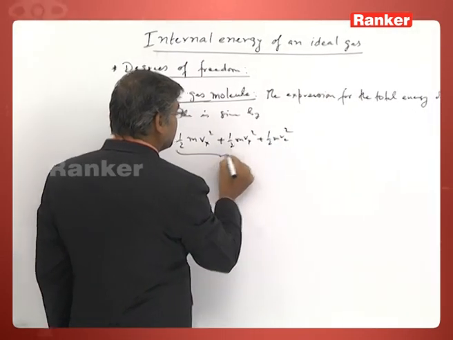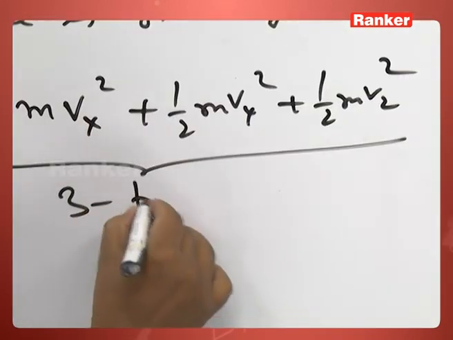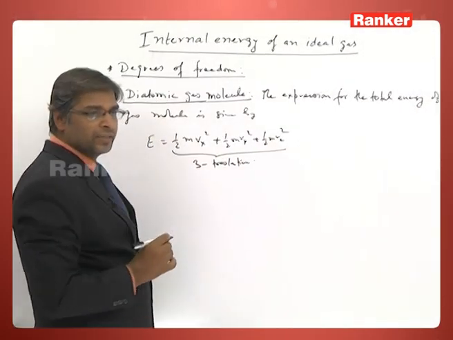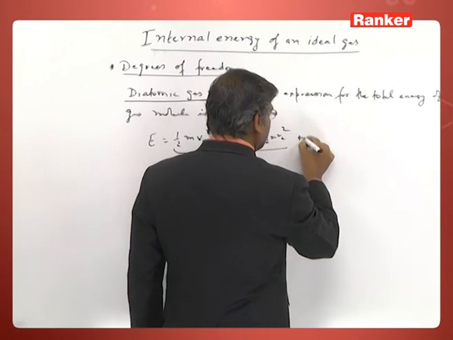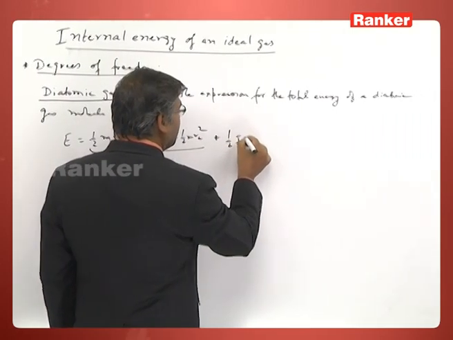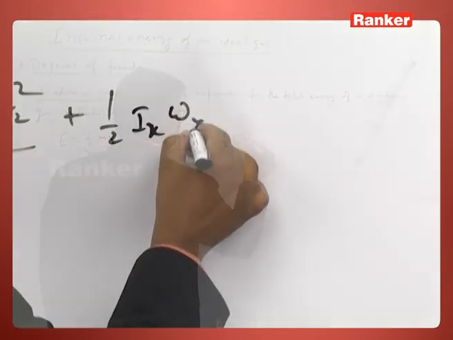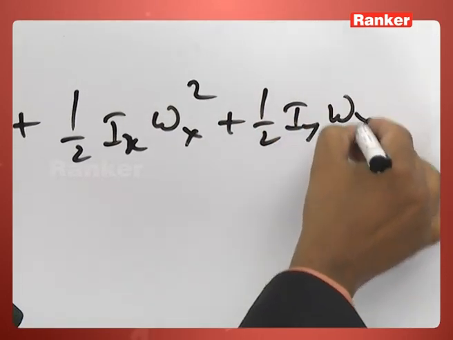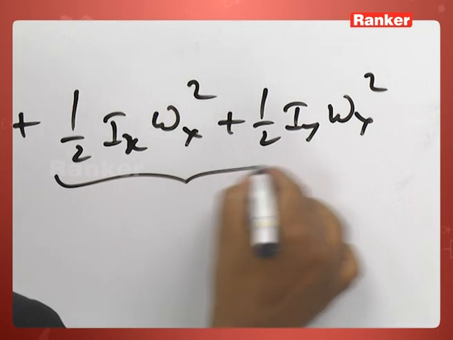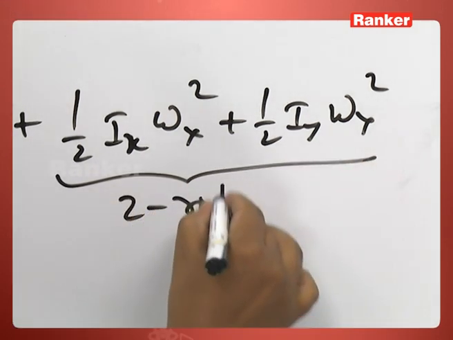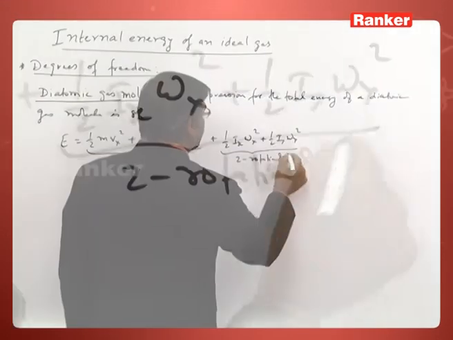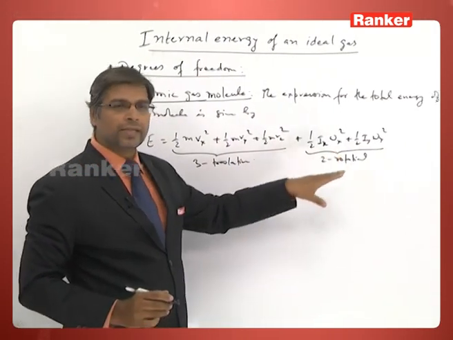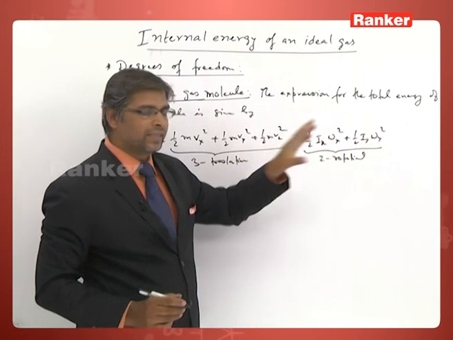So, these are 3 translational, plus half Ix Wx square plus half Iy Wy square, which are 2 rotational. We have taken 3 translational and 2 rotational, and I have neglected the third rotational one.